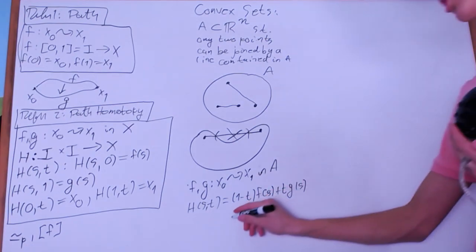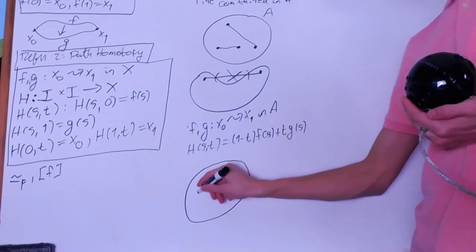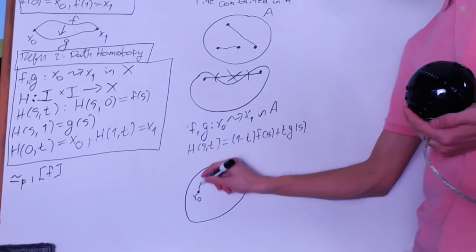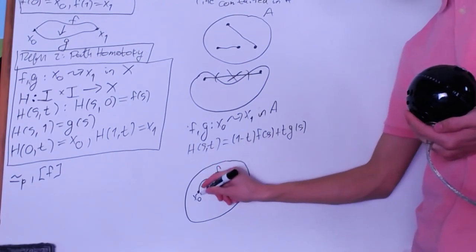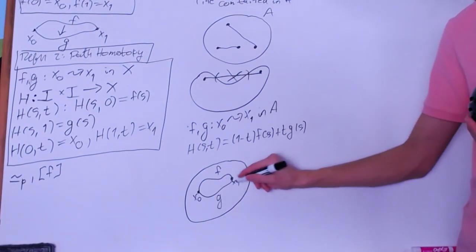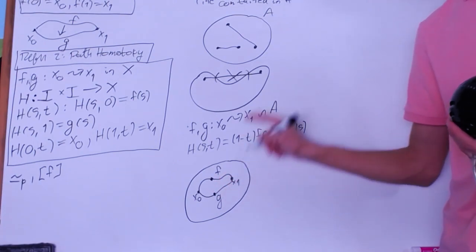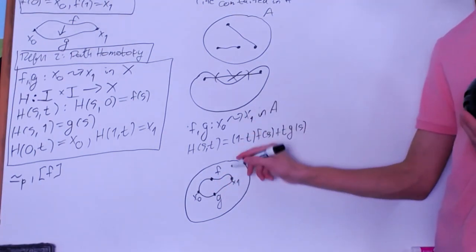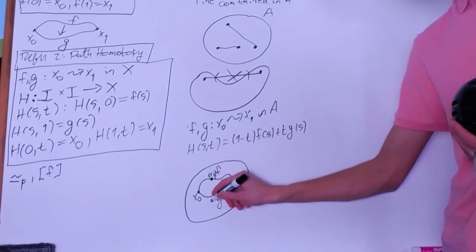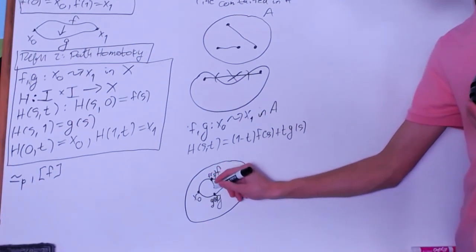Now what this is going to look like is you have your convex set, you have your two endpoints, x0, x1, you have your two functions, or two paths going between them, and then between any two of the points at the same point s, so this is going to be f of s right there, and this one right here is going to be g of s, then you go ahead and draw a line between them.